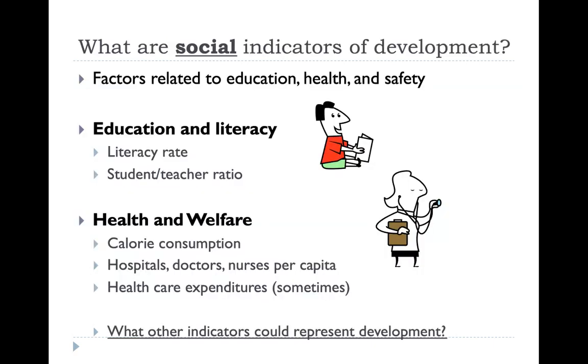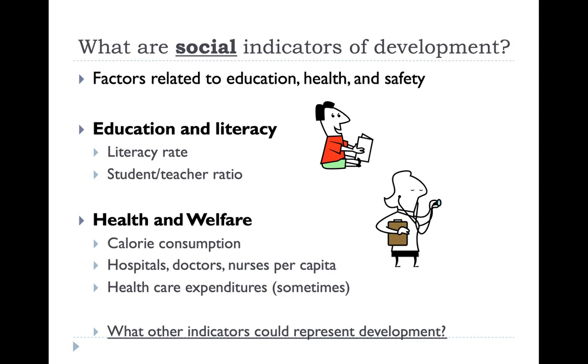Okay, so what are social indicators of development? Social indicators of development are factors that are related to education, health, and safety. Okay, so your education rates and your literacy rates are both social indicators. So, how many people in your country can read, and then also what your student to teacher ratio is going to be.